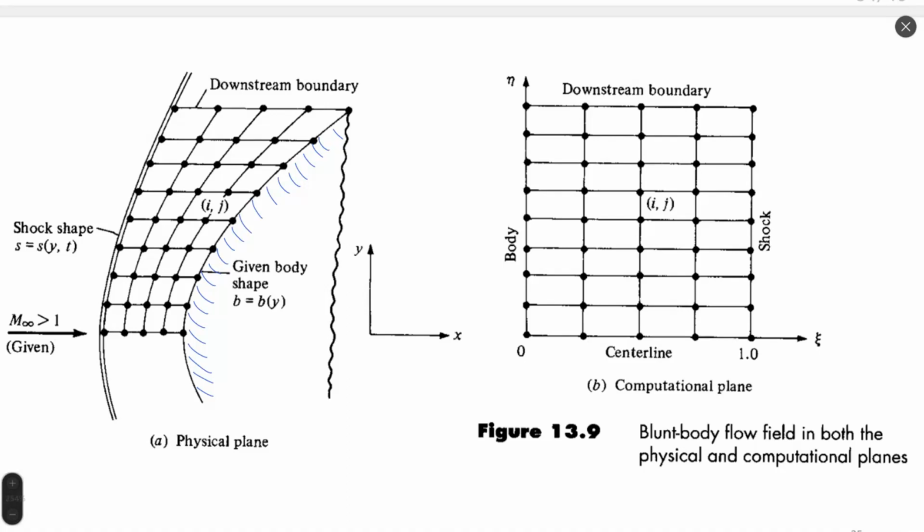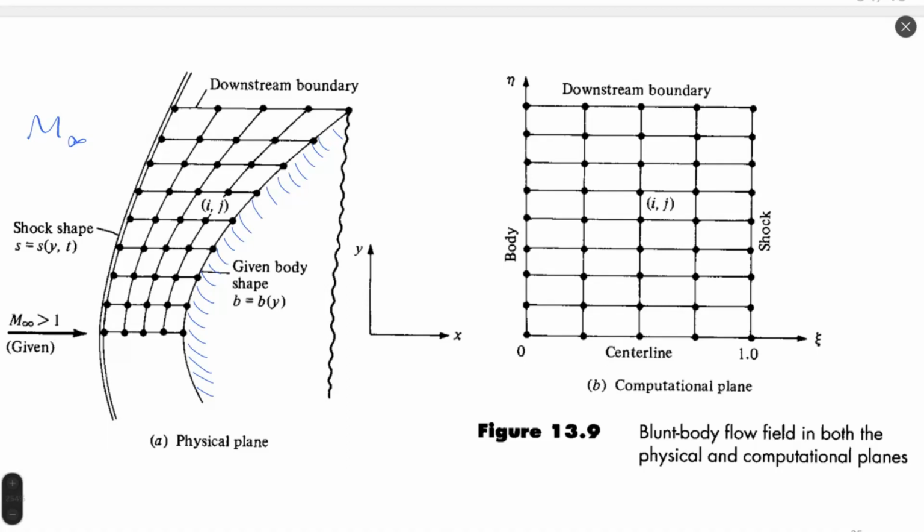Why is it important to calculate the shock wave around the body before numerical simulation, or at least to know the shape of the shock wave before simulation? Because before the shock wave, at M infinity, all flow properties are constant.